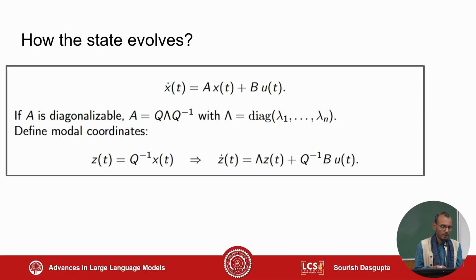So how does the state evolve? If A is diagonalizable, which means A equals, let's say, Q or V, whatever notation you choose to use, and you define the modal coordinates, which is basically a change of basis, and you use z(t) the same as what you get if you apply an inverse transformation on x(t), then the equation x dot t, which is dx by dt, changes to z dot t equals lambda z(t) plus Q inverse B u(t).